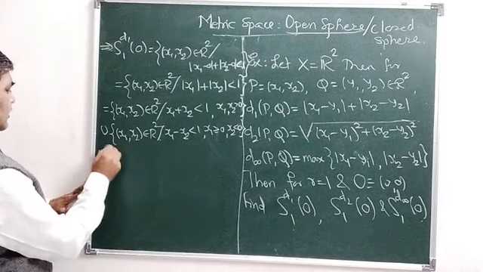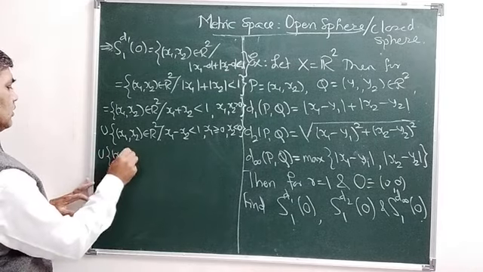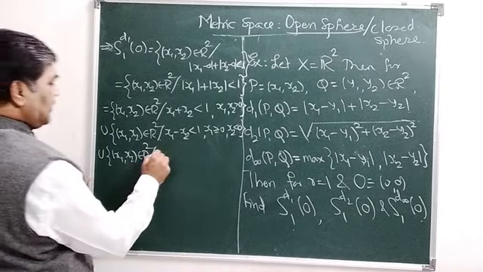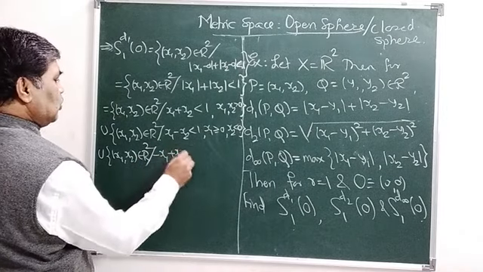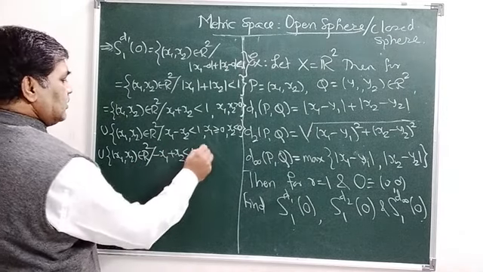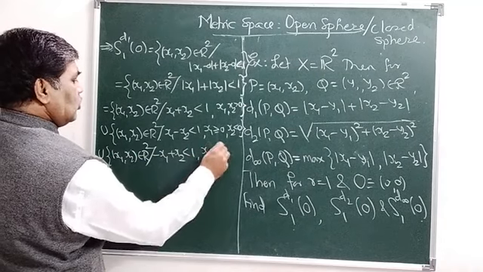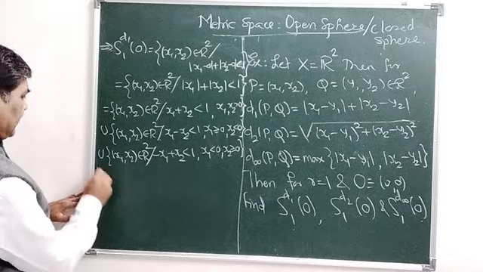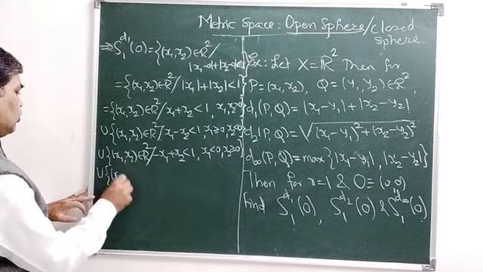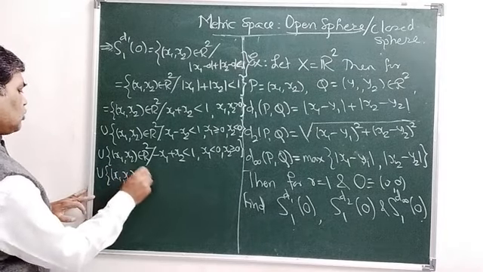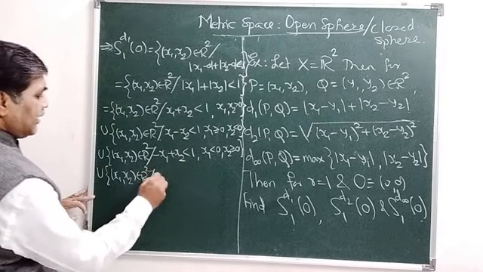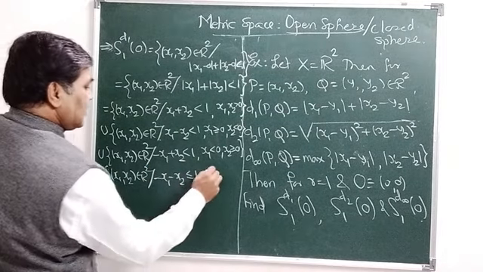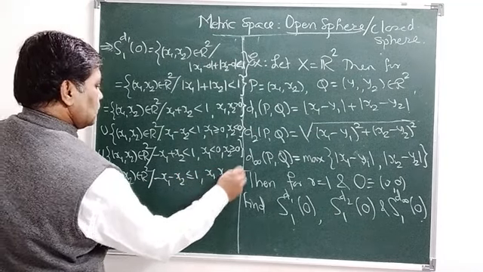Then union the set such that minus x1 plus x2 is less than 1, where x1 is less than 0 and x2 greater than or equal to 0. Union the set such that minus x1 minus x2 is less than 1, where x1 and x2 are both negative.